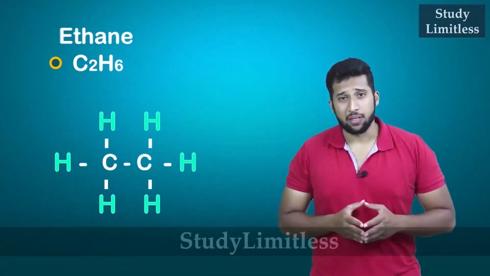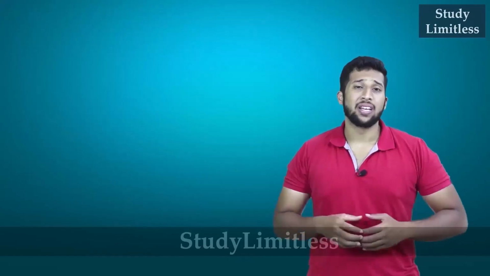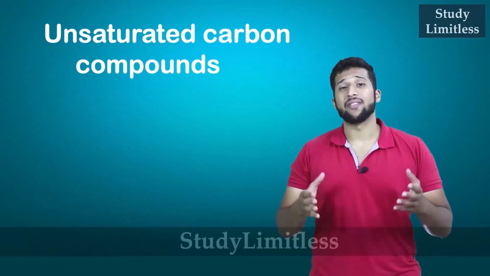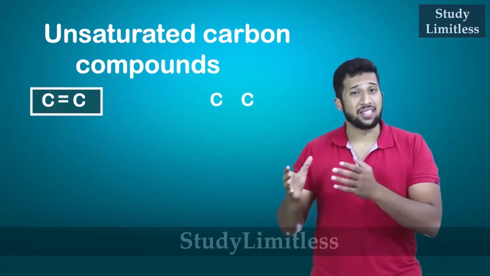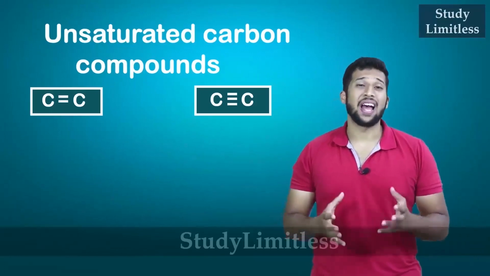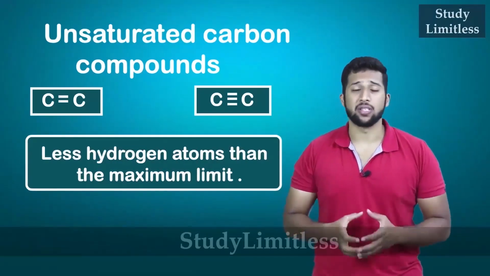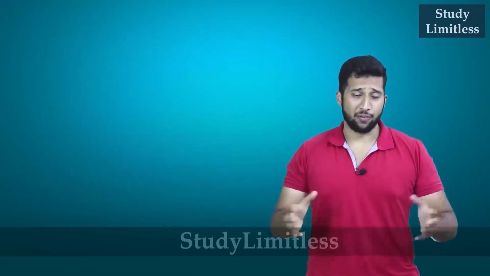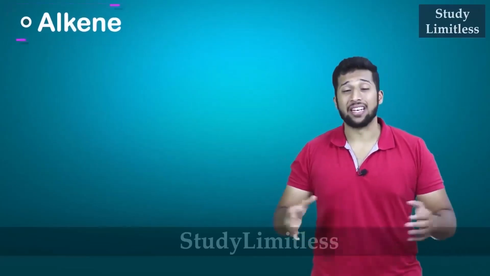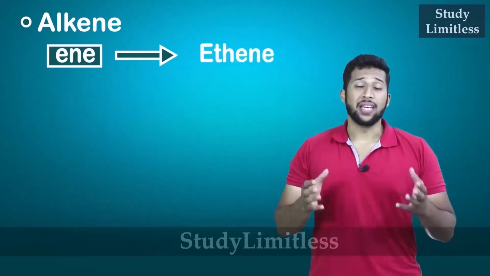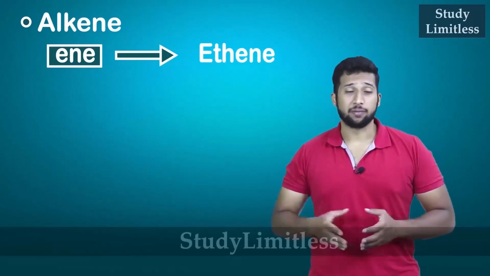the carbon atoms. Now, let's go to the unsaturated side. In the unsaturated side, you may either have a carbon-carbon double or a carbon-carbon triple bond. Due to this double or triple bond, you do not have the maximum number of hydrogens which can be placed in a compound. For example, when you have an alkene, which is with an ENE, or let's consider ethene with an ENE.